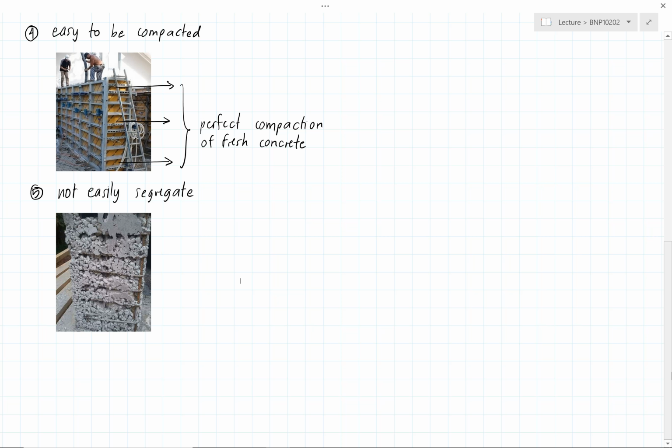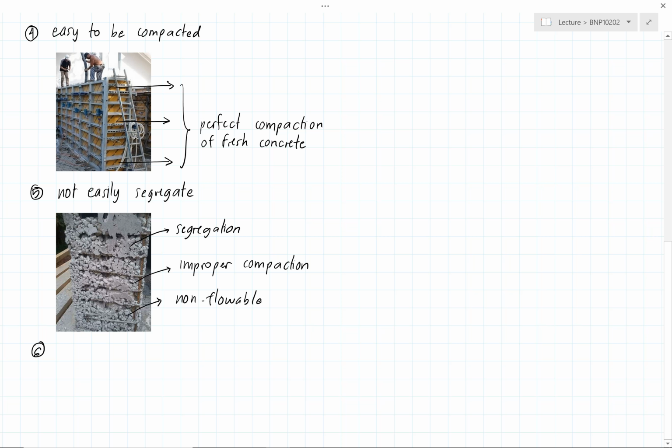If your concrete is not flowable, cannot be compacted easily, and is prone to segregation, this is really one good example of what happens to your concrete if all those conditions are not fulfilled. So segregation can happen over here. Improper compaction can also happen over here. Or a non-flowable concrete can also cause this kind of condition.